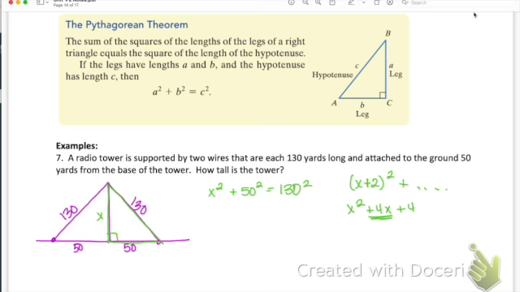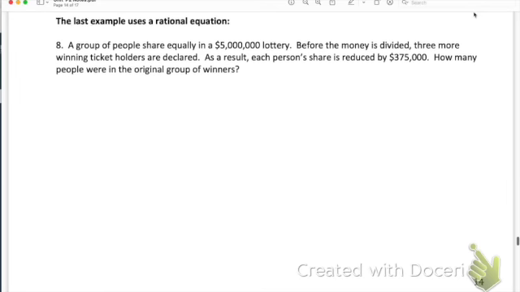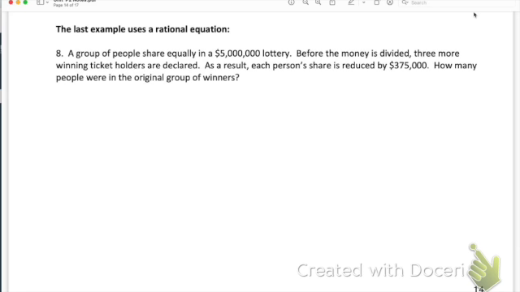Remember that. The last example uses a rational equation, and this is the weirdest kind of situation, so I want to make sure that we work through this last one. I know this video is getting a little bit long, but stick with me through this last example. It says a group of people share equally in a $5 million lottery. Before the money is divided, 3 more winning ticket holders are declared. As a result, each person's share is reduced by $375,000.